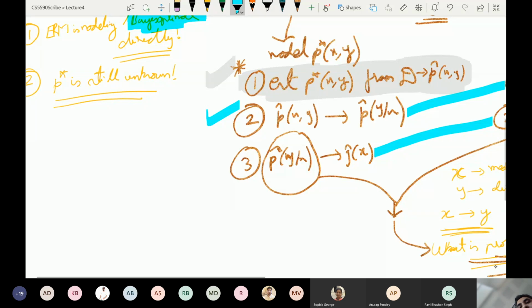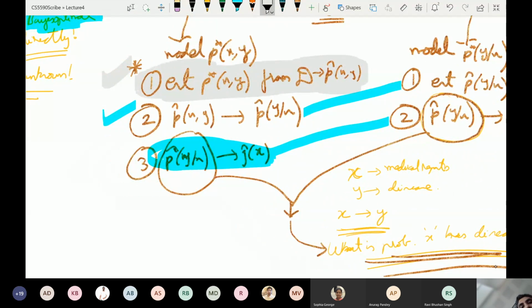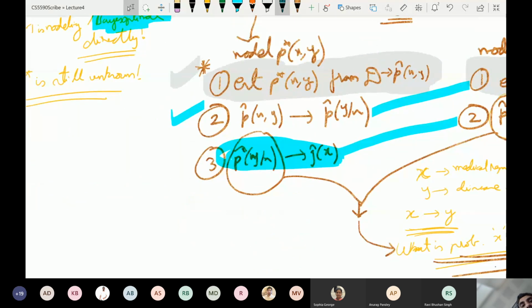And this we have already covered in the previous class. So let's start with solving this problem. The next problem is even more complicated, so that we will cover later on. So let's begin by solving this sub problem.